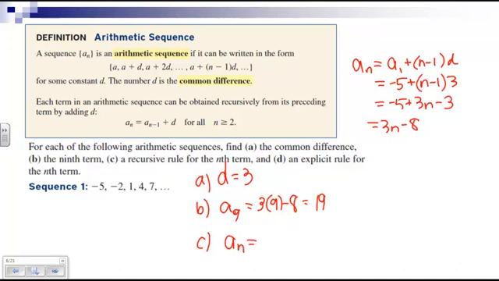A sub n is equal to a sub n minus 1 plus 3. Okay. All right. Not so bad. Still doesn't feel like calculus, does it? Not yet.